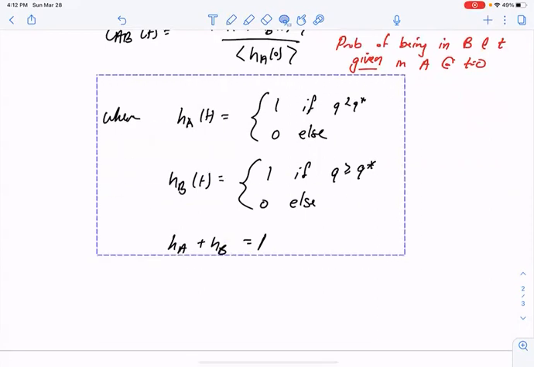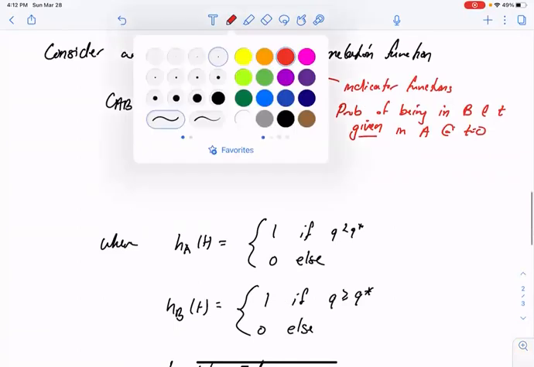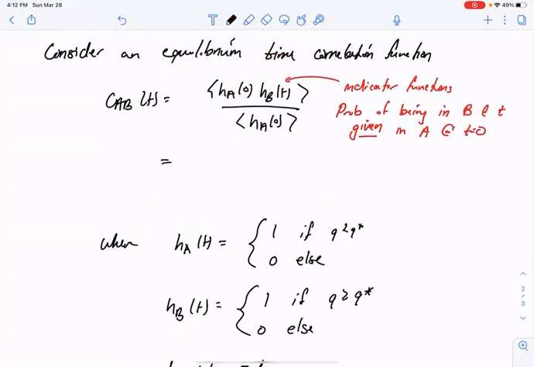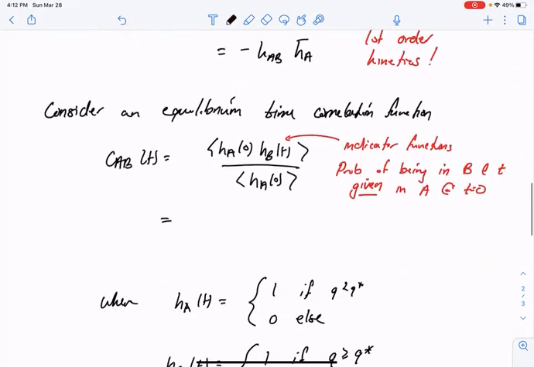And let's note that that is then the same as some complement function to our h_A, h_B bar at t: the probability that we end up in B at time t, given we started in A at 0.